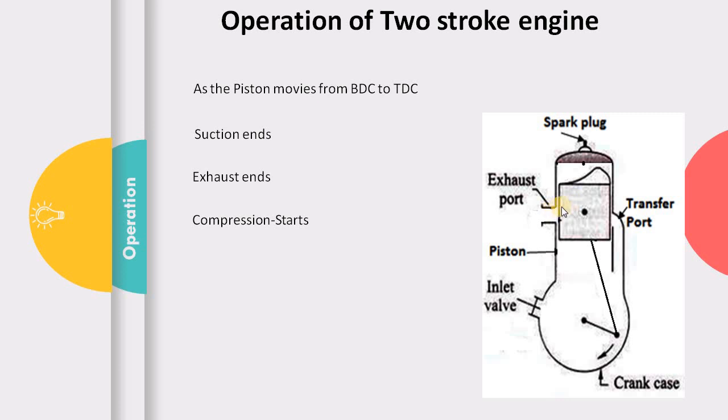So this is the location corresponding to which the compression process starts, and the compression process ends when the piston reaches the top dead center. So finally the piston reaches the top dead center.